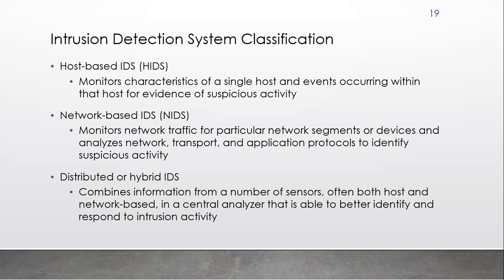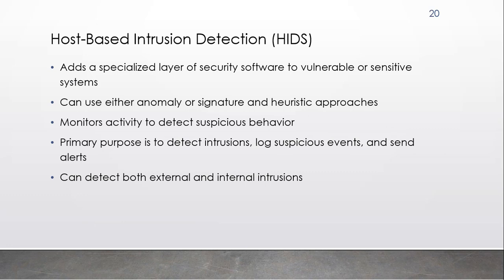So an IDS may use a single sensor and analyzer, such as HIDS on a host or NIDS on a firewall. A host-based intrusion detection system adds a specialized layer of security software to vulnerable or sensitive systems, such as database servers and administrative systems. The HIDS monitors activity on the system in a variety of ways to detect suspicious behavior.